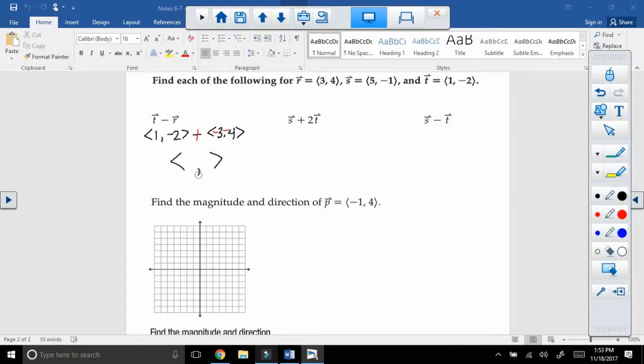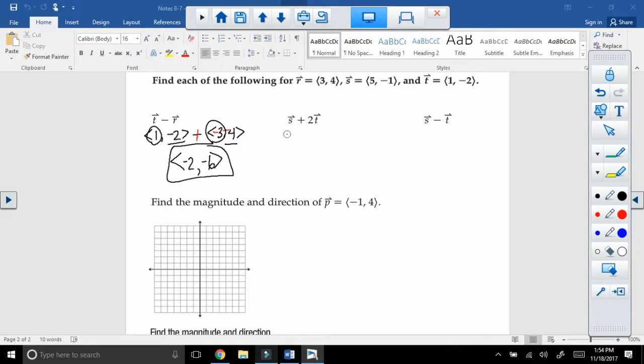It's kind of like adding like terms. When you're adding vectors, you're just adding the same corresponding places. So 1 plus -3 is -2, and -2 plus -4 is -6, and that would just be your answer to this. You might not even have to write it out like that, and that would be okay.